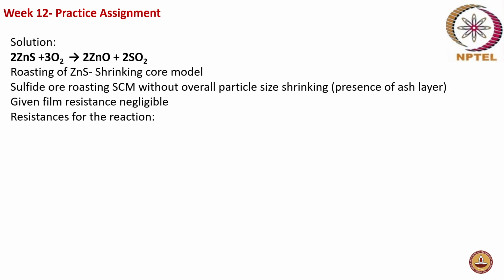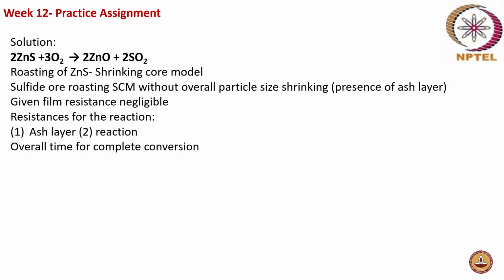Now they have also given that the film resistance is negligible. Now what are the resistances remaining for the reaction? One is the ash layer resistance and the other one is the reaction resistance. So the overall time for complete conversion will be tau total equal to tau of ash layer plus tau of reaction.